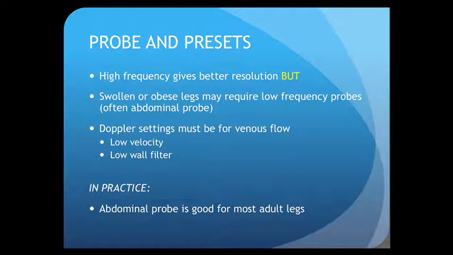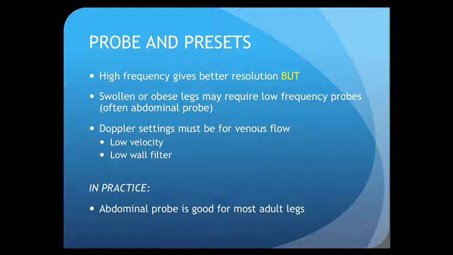And so one of the things that you'll find is that in patients who are obese or have swollen legs, your linear high frequency probe often will not give you enough depth. And so often we'll use the abdominal probe. But when I choose the abdominal probe, I'll often choose, say, the higher frequency within that range.